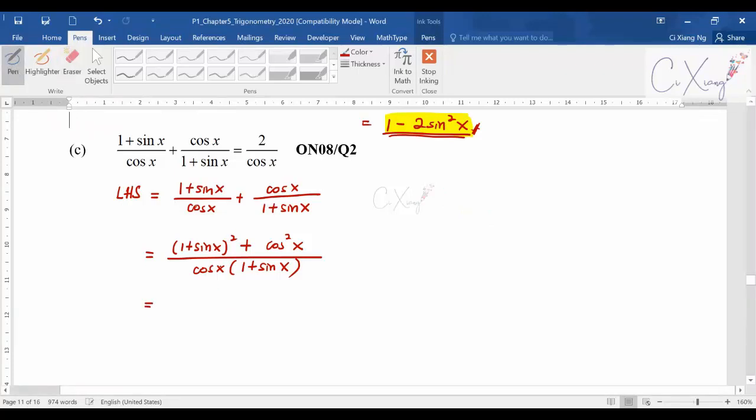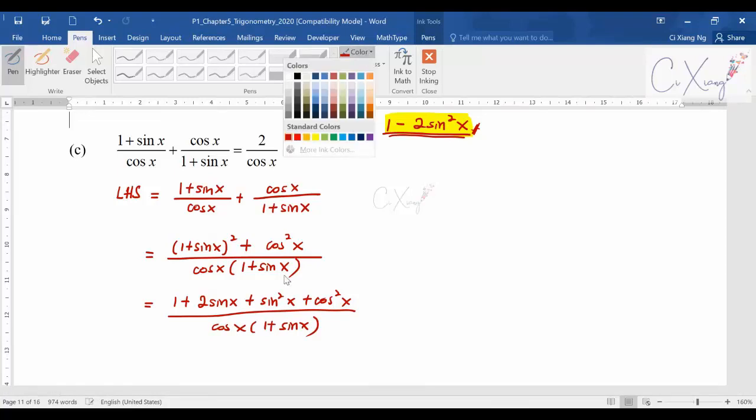Then after that, you can try to expand it first, because you see the thing on top is a very simple value. My expression here looks very complicated, so I try to simplify it, but before I simplify, I can expand it first. When I expand this bracket, I have 1 plus 2 sine x plus sine square x plus cos square x, then divided by cos x, and then (1 plus sine x).